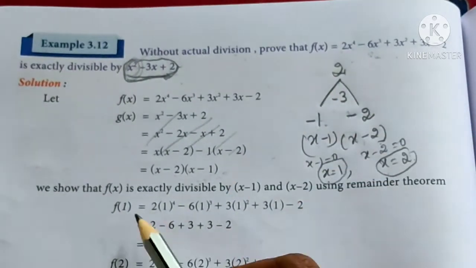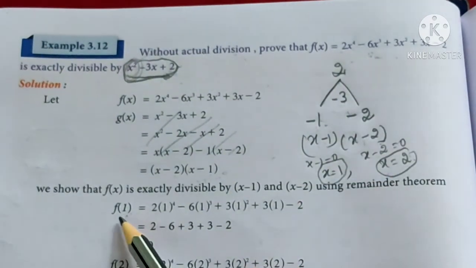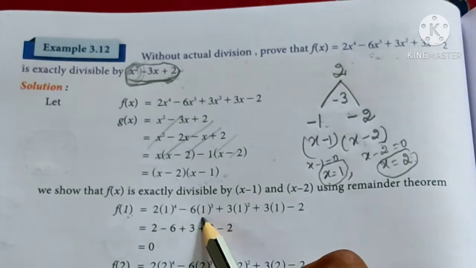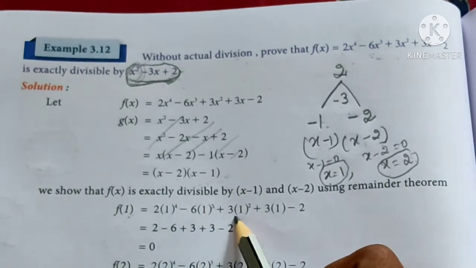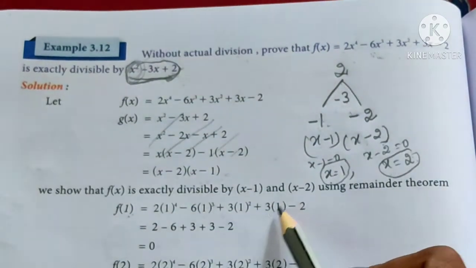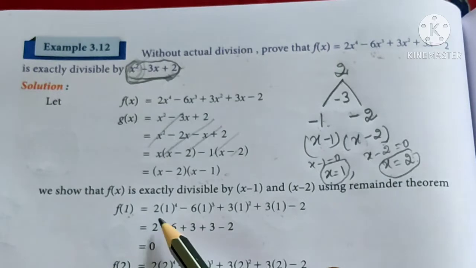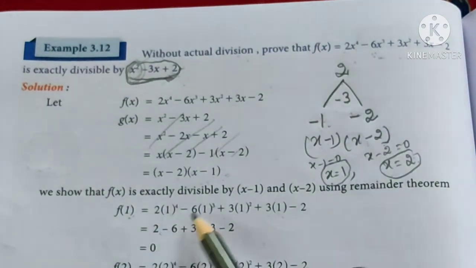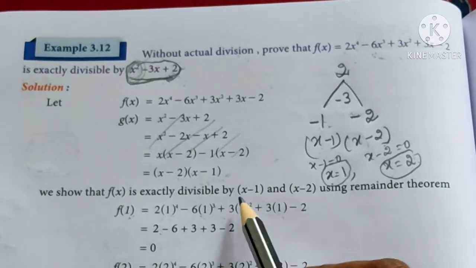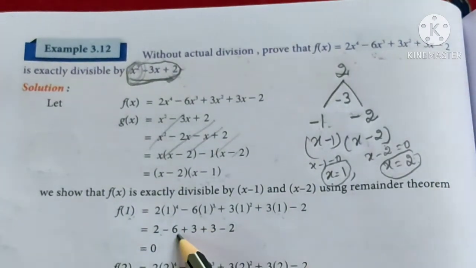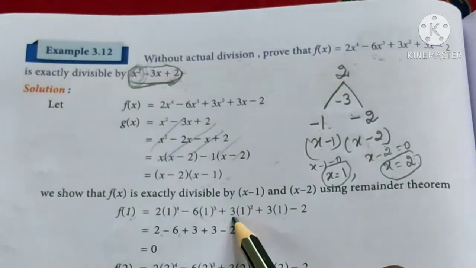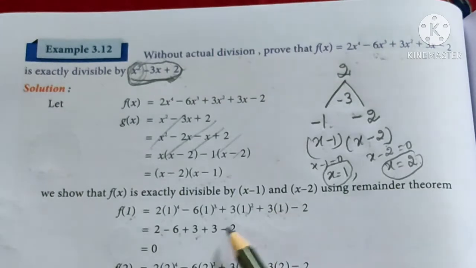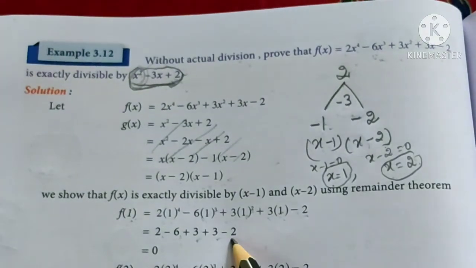First you substitute x as 1. So f of 1 is equal to 2 into 1 power 4 minus 6 into 1 cube plus 3 into 1 square plus 3 into 1 minus 2. Then 2 into 1 power 4 is 1, so 2 into 1 is 2. 6 into 1 cube is 1, so 6 into 1 is minus 6. 3 into 1 square is 1, so 1 into 3 is 3. 3 into 1 is 3, minus 2.